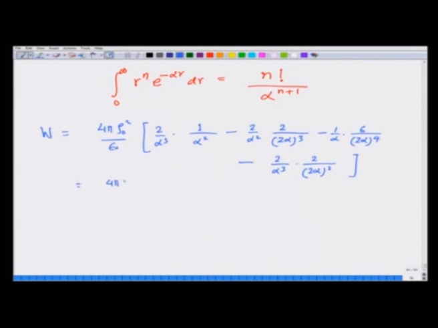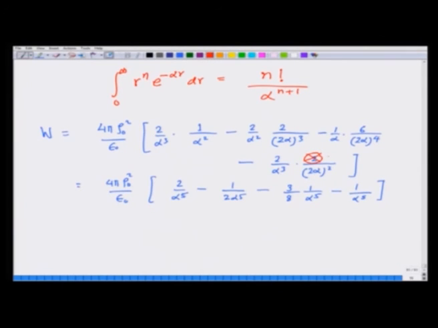Which is 4 pi rho 0 square over epsilon 0, 2 over alpha raised to 5 minus 1 over 2 alpha raised to 5 minus 6 over 16. So, that is 3 over 8, 1 over alpha raised to 5 minus 1 over alpha raised to 5. There is a mistake here. I think I should not have this 2 here, because this was the integration of r.